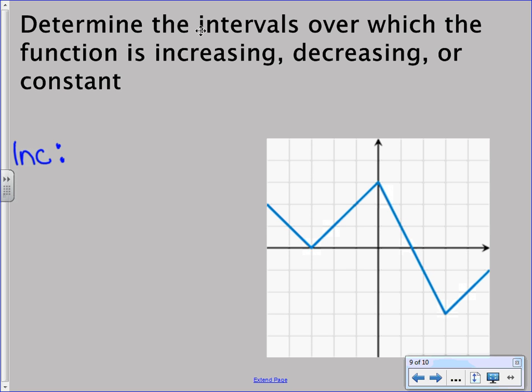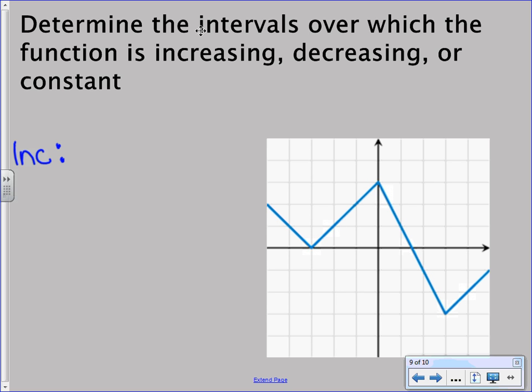From where to where? X is here at -3, and it stops increasing at 0. Okay, now, anytime I ask you for increasing and decreasing, we're looking at the domain. We're looking at the x values in which it is increasing or decreasing. So from x is -3 to 0, we are increasing.